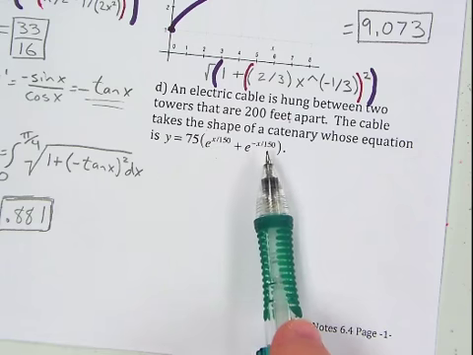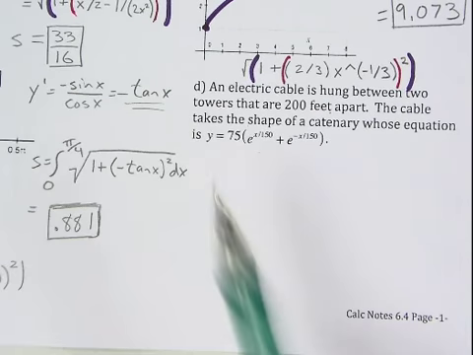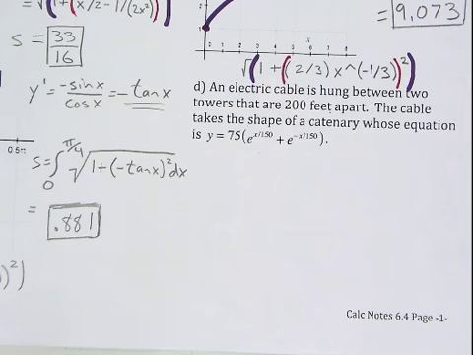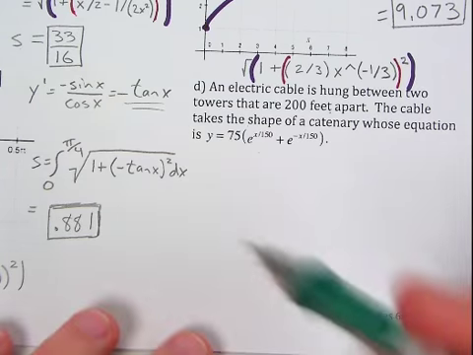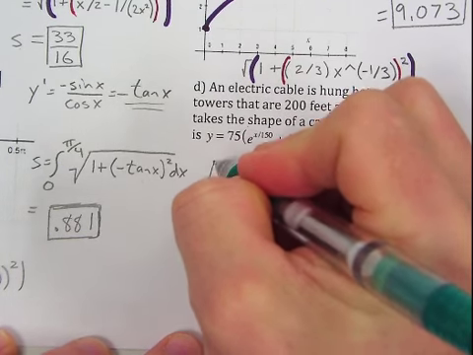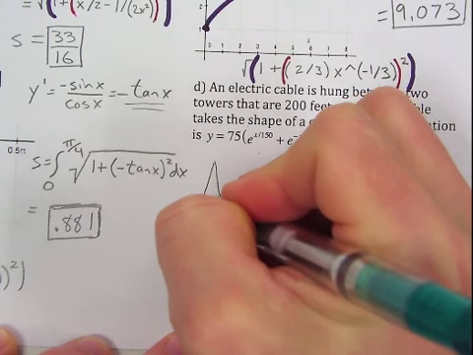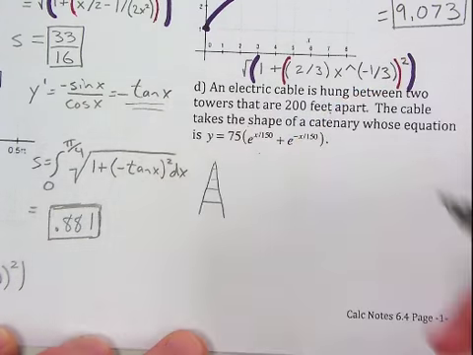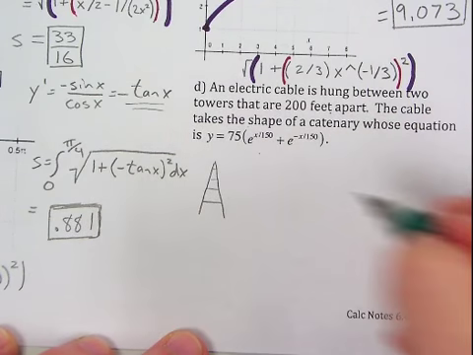Because it gives us a catenary curve, which is the shape of any cable that hangs between two objects. So you can see this would be a pretty useful application if you are figuring out how much cable you need to run your electrical wires. Because notice it's going to be a little bit more than the distance between the towers.